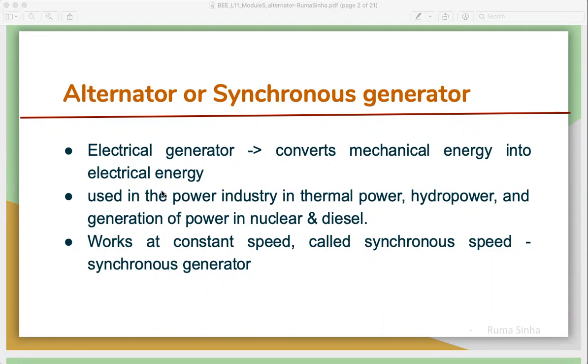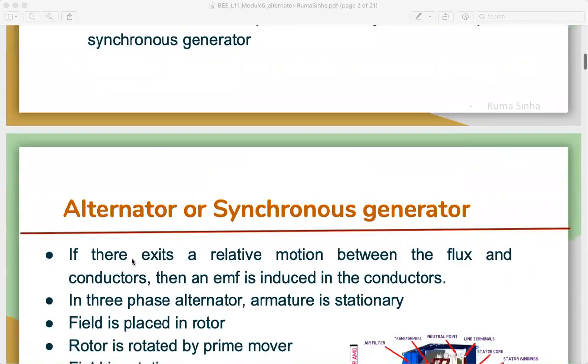If the speed is not constant, then the generated EMF will have different frequency, which is not desired. The speed at which it rotates, we call synchronous speed, and that's the reason we call it a synchronous generator.